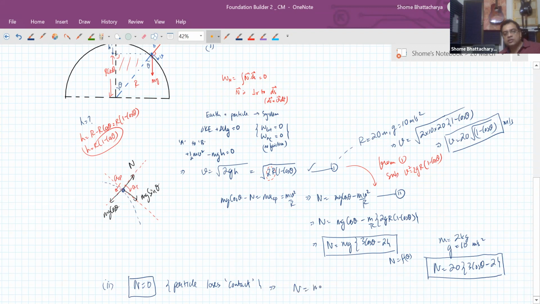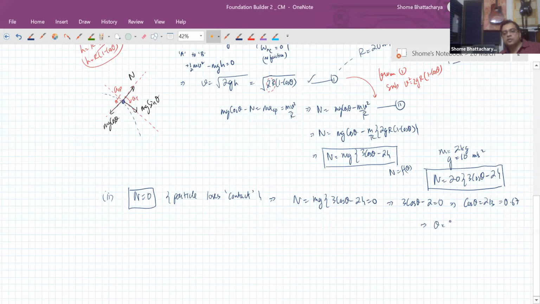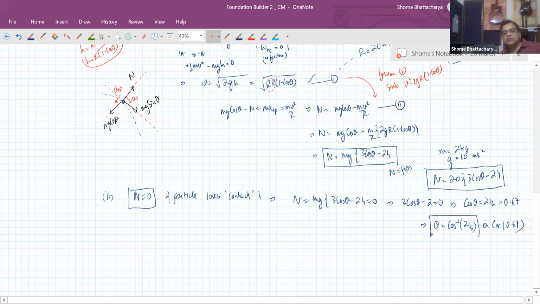So N should become zero, which means 3 cos theta minus 2 should become zero. So cos theta should be 2 by 3 or 0.67. So theta is cos inverse 2 by 3 or cos inverse 0.67. This becomes the answer of this part.